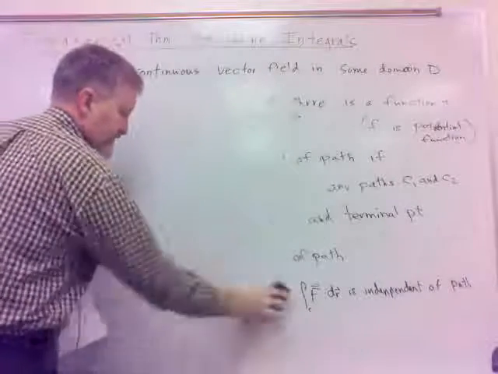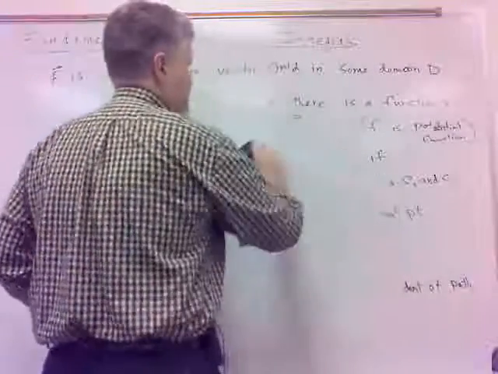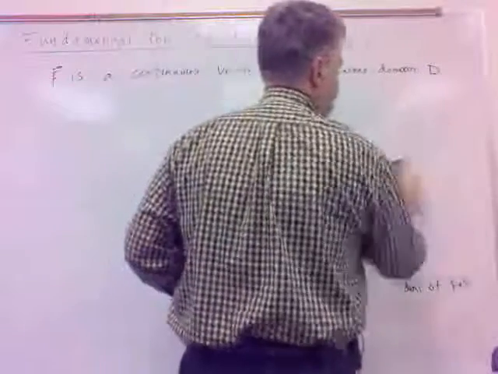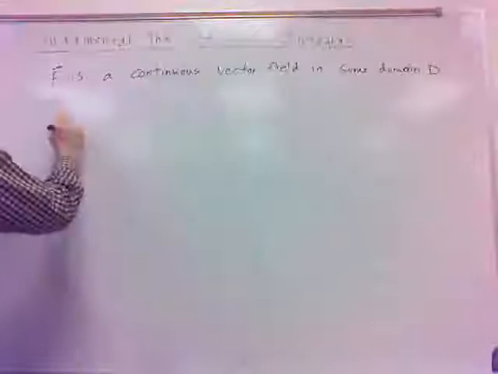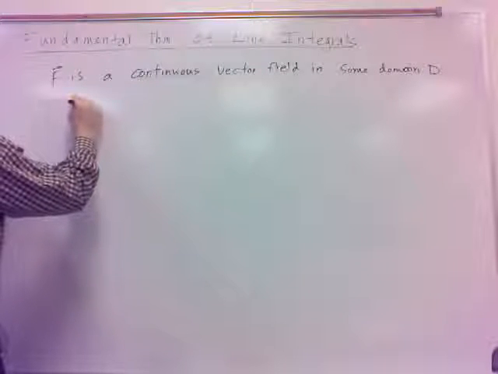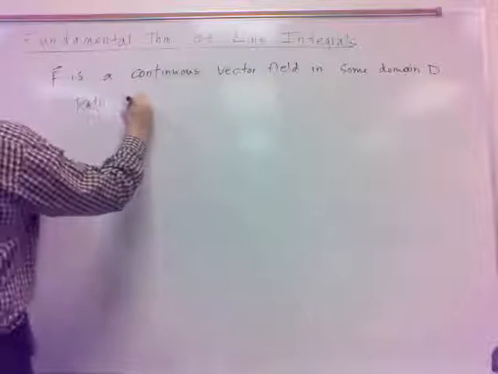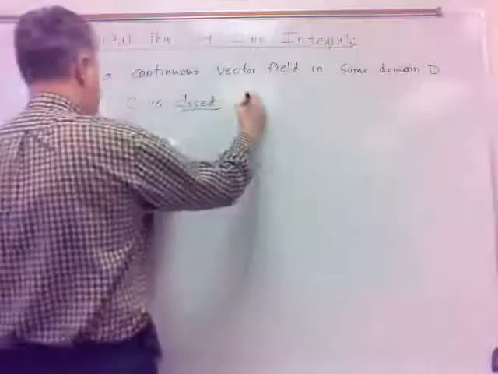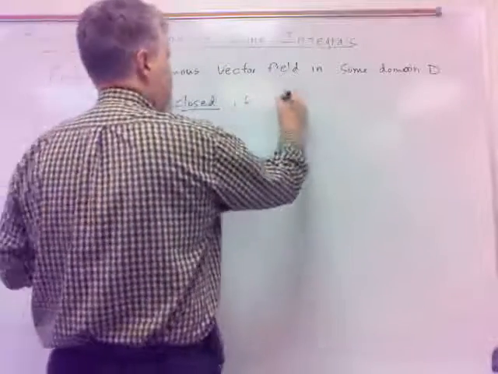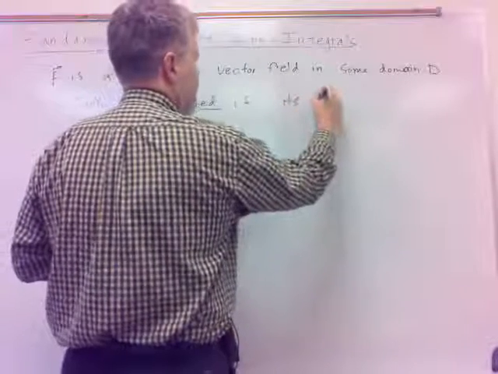Probably seen these before. Just a reminder. Path C is closed if its initial and terminal points are the same.